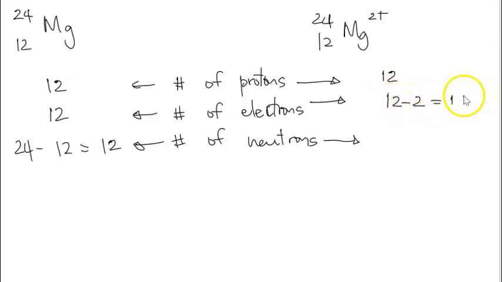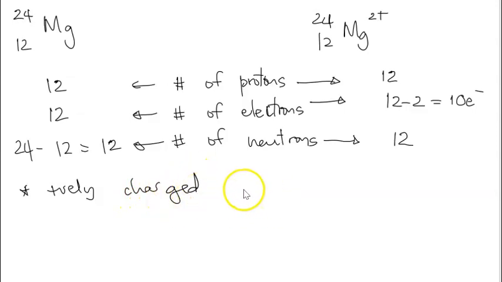We now have 10 electrons. Our neutrons, 24 minus 12, so our neutrons remain the same. So what we need to remember is that positively charged ions are formed when atoms lose electrons.